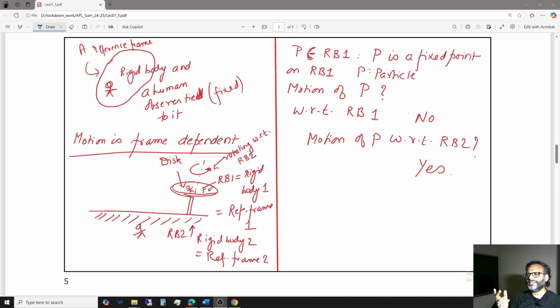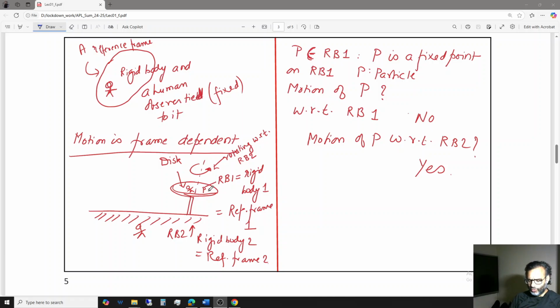I call that disk RB1. Suppose your friend is sitting on that disk and is completely tied to the disk. So your friend tied to disk RB1 is reference frame 1. You tied to the ground, rigid body 2, make reference frame 2.